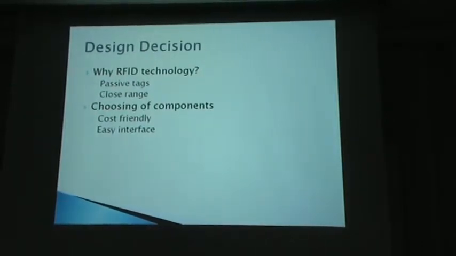Therefore we used RFID technology, which is passive tagged, low energy consumption, and also close range. Right now we're using 900 megahertz for range. I think that also was a big issue because we ended up using a larger, bigger antenna, and the bigger the antenna, the lesser the range we get.